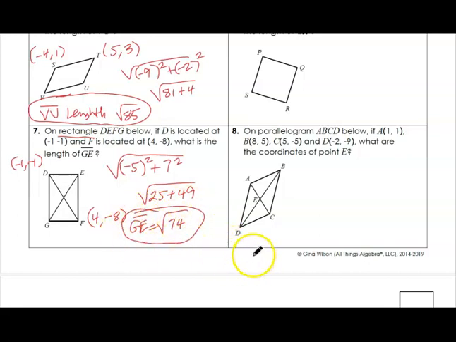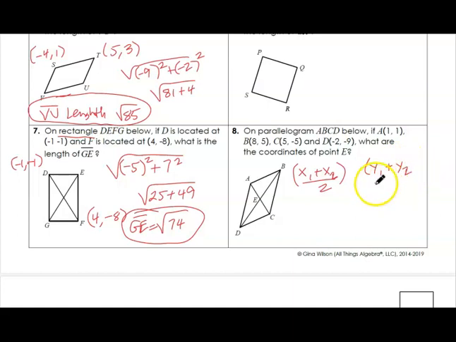All right, and you'll be doing the same type of things. The only one that's a little bit different is number 8, and you'll have to use the midpoint formula, which I'll show you that again. It's the 2 x's of the 2 endpoints divided by 2, and then the two y's, same thing.